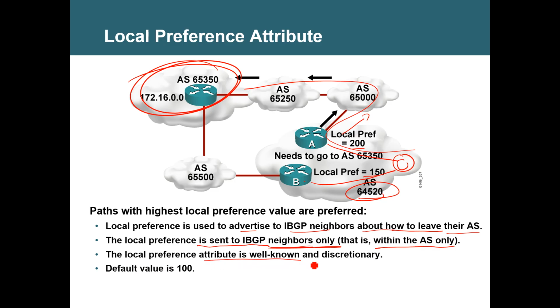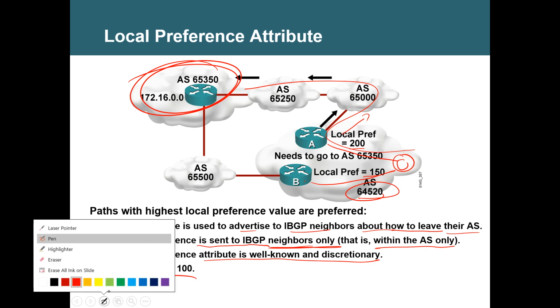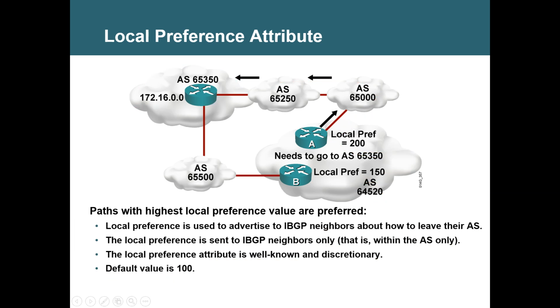Local preference attribute is well known and discretionary. The default is 100. Higher is preferred. Any question on local preference? No, sir. Anyone else have got any question?